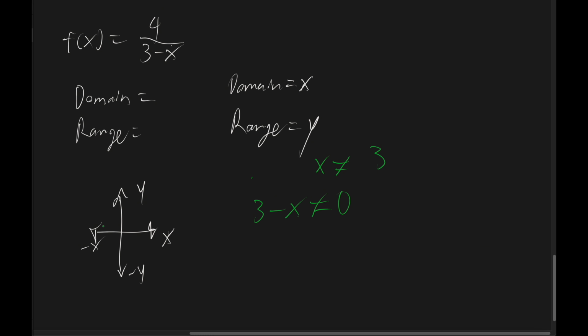Given the fact that we're also dealing with a rational function, and rational functions are typically going to have the following shape, they would have something like this in one context or another.